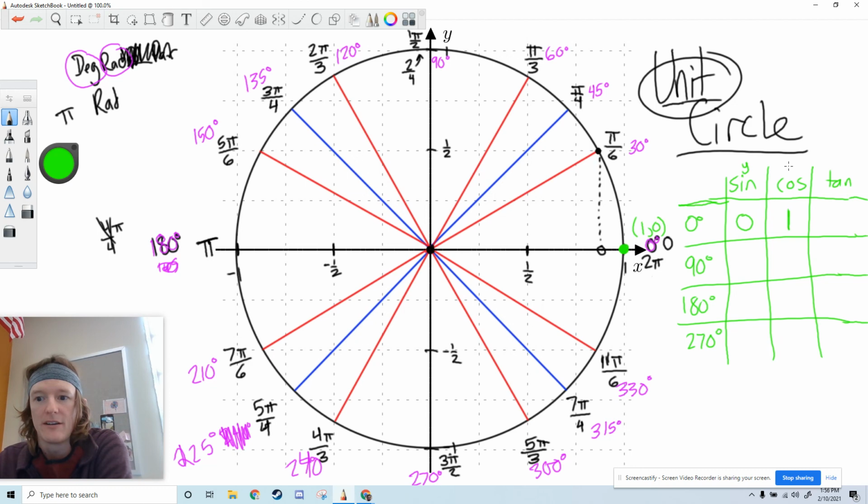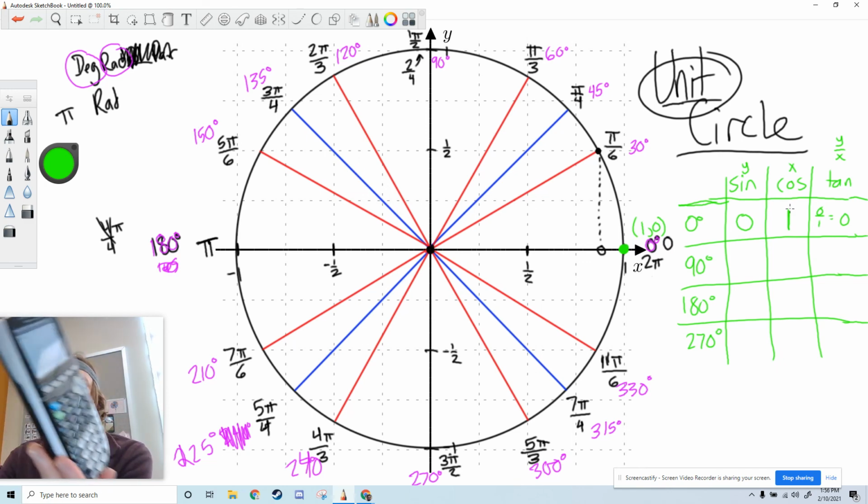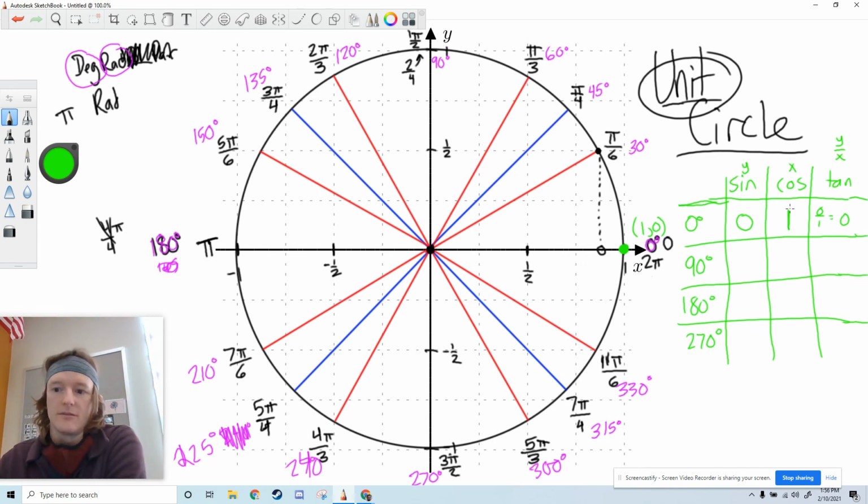And tangent is y over x. So 0 divided by 1 is 0. And if you grab a calculator and you do these sine buttons, sine of 0, we get 0. So that's where those numbers come from. That's what these buttons on this calculator mean.